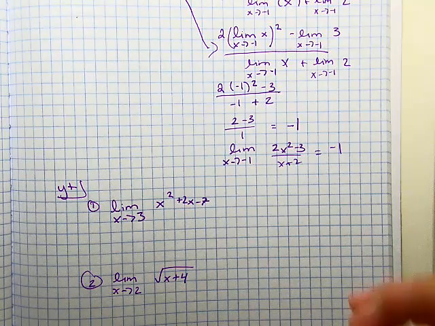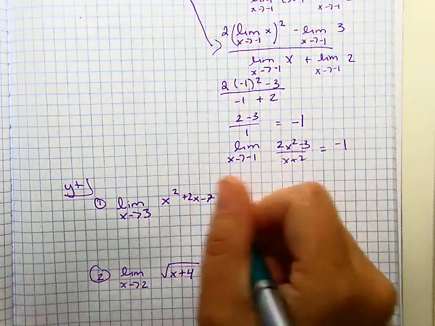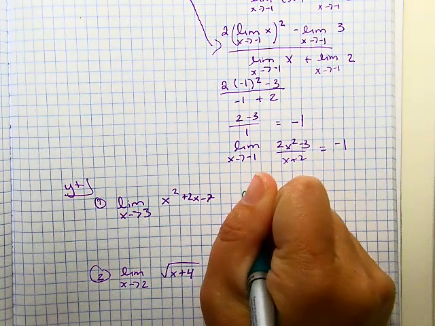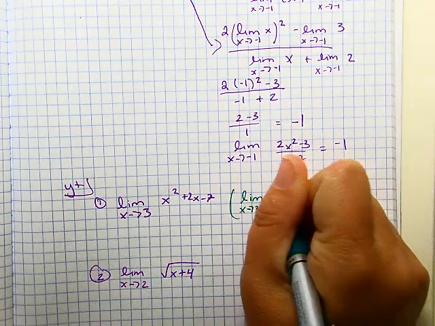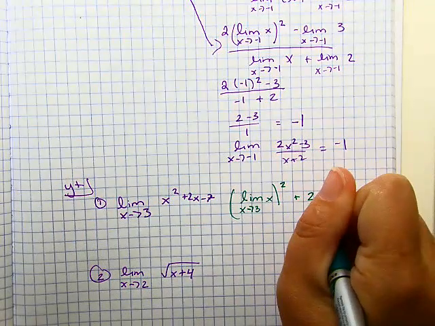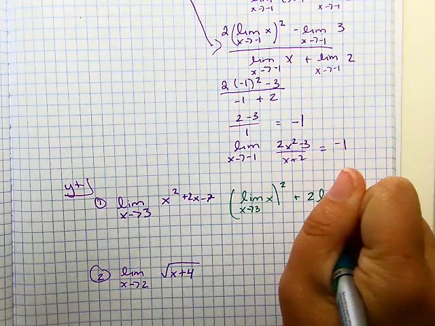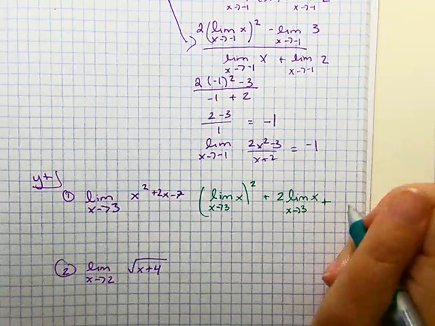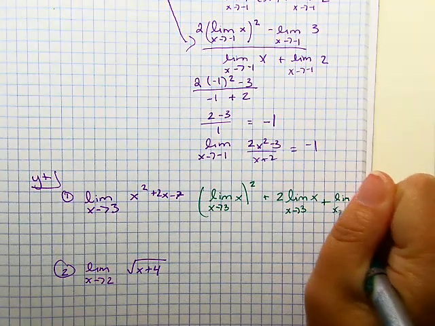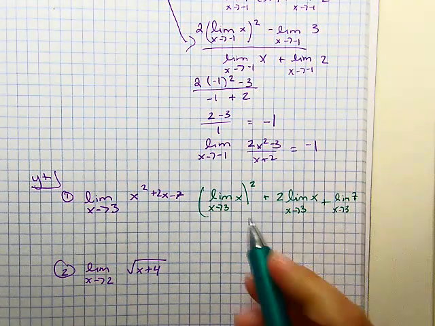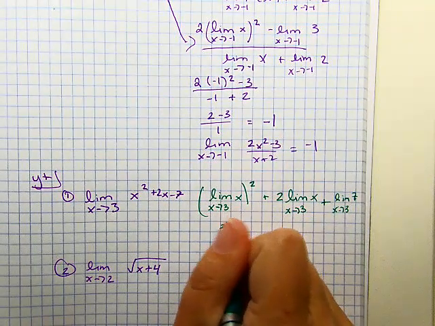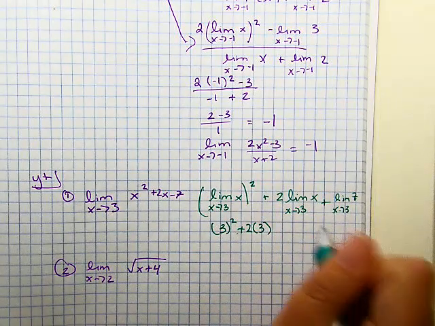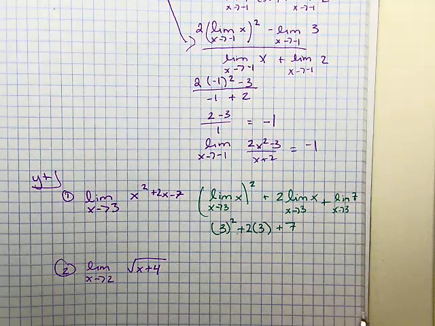All right, hopefully you had a chance. I'm going to go ahead and rewrite this. So the first term would be the limit as x approaches 3 of x, and that whole thing must be squared, plus 2 times the limit as x approaches 3 of x, plus the limit as x approaches 3 of negative 7. And so I'm going to plug this in, and this becomes 3 squared plus 2 times 3 plus 7.